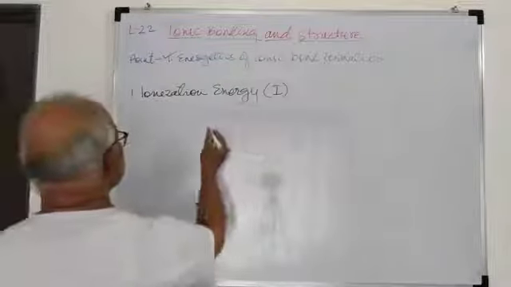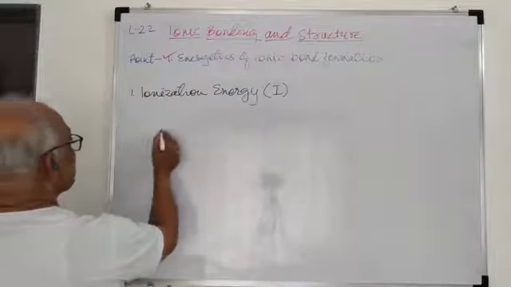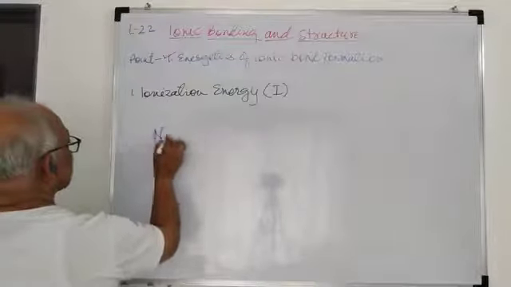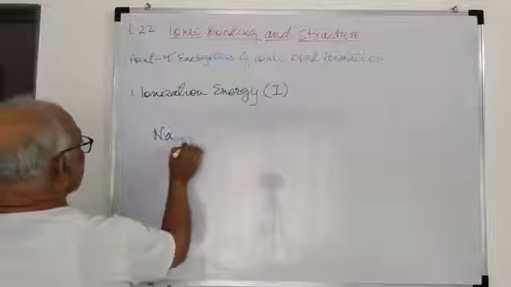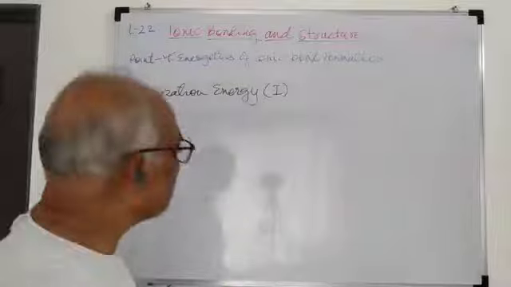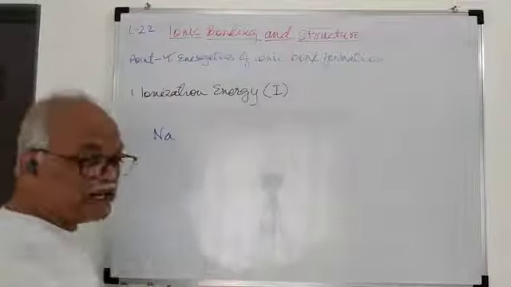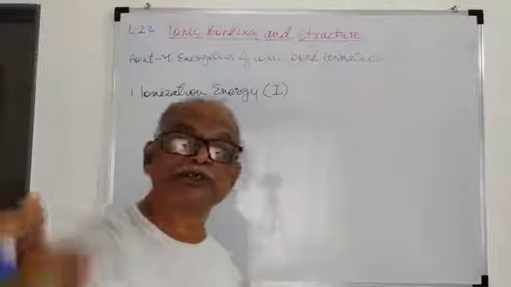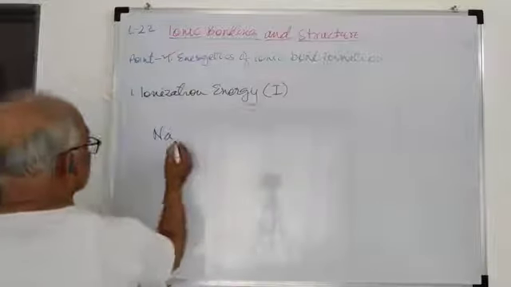So this ionization energy can be represented here as Na in solid state. When this Na is in solid state, it is required to be converted into gaseous state by sublimation.